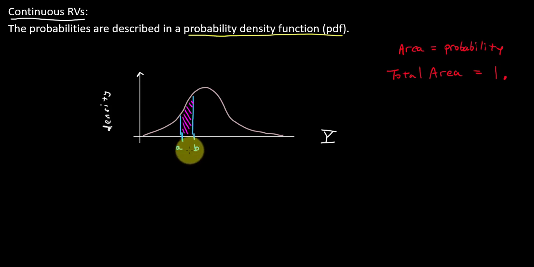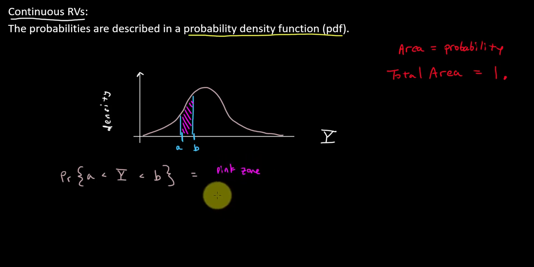I want to talk some notation with you. This pink region, I could denote this as the probability that our variable y is between A and B. And that would be that pink shaded area. I don't know what number that would be. I'll just say that pink zone.